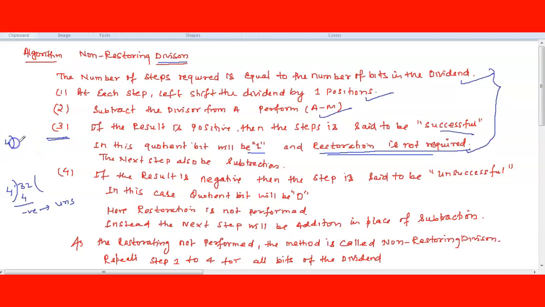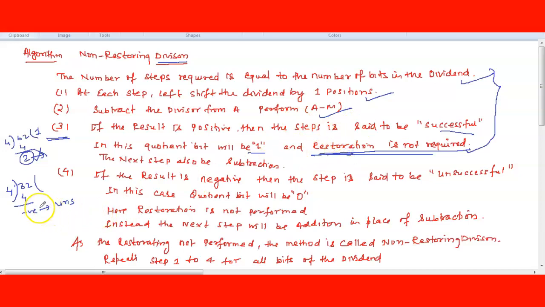Consider 4 divided by, we took the example 6 divided by 2. That time, if you subtract this 4, then we'll get 2. This is positive. If positive, it's said to be successful, and the quotient bit will be 1, and restoring is not performed. So till here the step is the same.